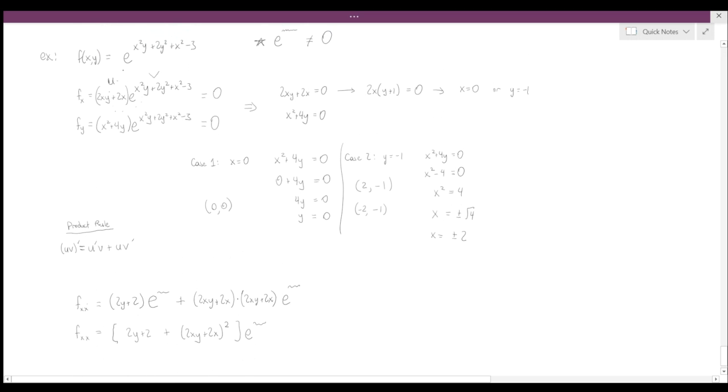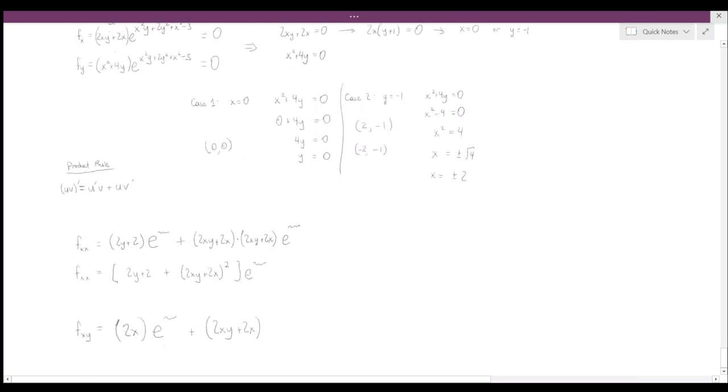Now we already computed the partial derivative of the exponential with respect to y. That was just what we got for fy. So I'm just going to plug all of that in now. So copy down what fy was. And that's going to be our v prime, okay?